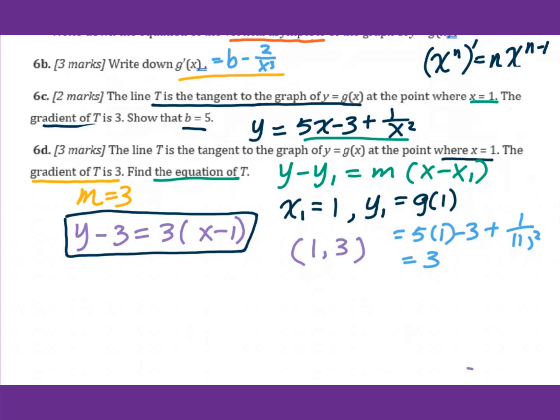Because you are not asked to change it into a specific form, you can just leave it as it is. But if you want to change it into slope-intercept form, we can do that. y minus 3 equals 3x minus 3. Add 3 to both sides, you will get y equals 3x.